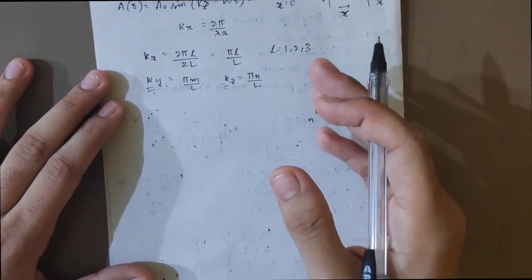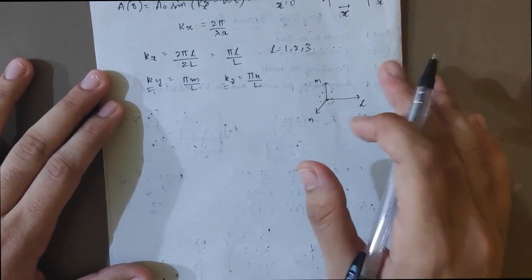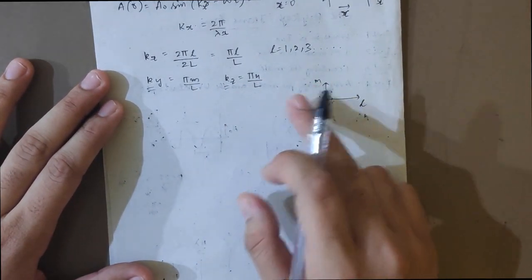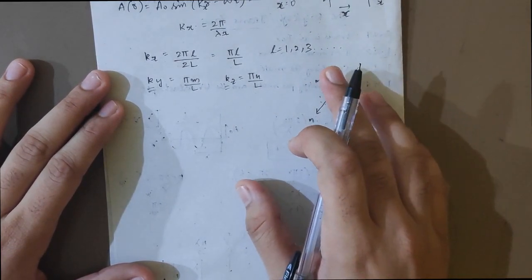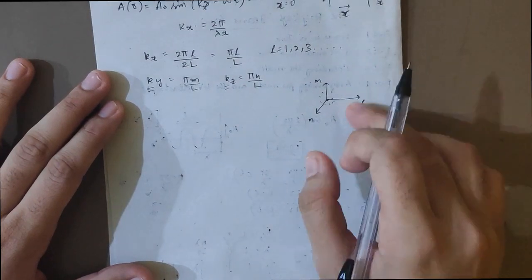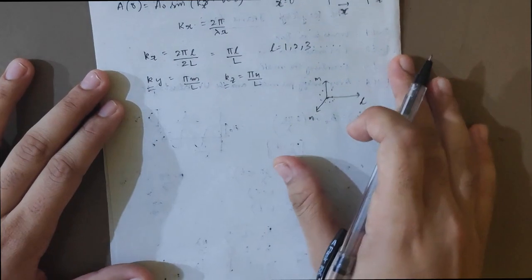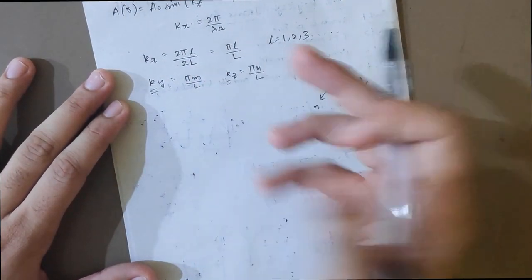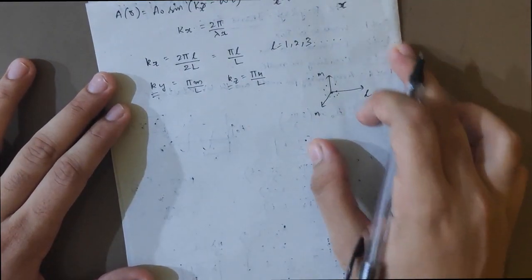A wave oscillating in 3 dimensions with any of the allowed values l, m, and n satisfies the boundary conditions which we have already talked about, and so every point in the lattice represents a possible mode of oscillation of the waves. I hope that makes sense. Now, if the waves are within the box, the boundary conditions should be met, and kx, ky, kz can have any set of these values.